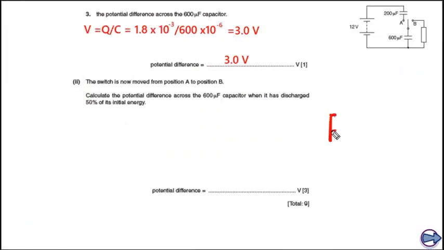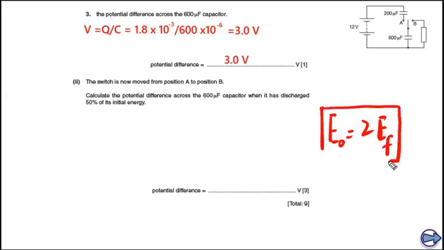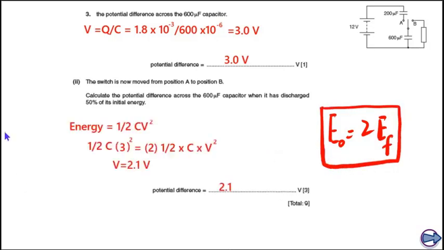We can also say that E naught is equal to 2 times E F. This is our main result, and the rest is just plugging in numbers. This one is the value of E naught, and this one is E final, and C is common on both sides. We can cancel it, and if we solve for V, this will be our final answer. The value of the potential difference is 2.1.